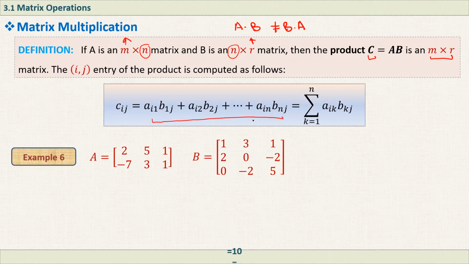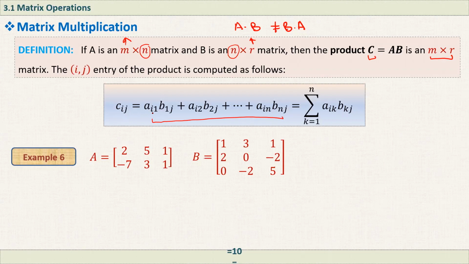Now I will show this in an example. To get the ij entry of C, we are actually doing a dot product.